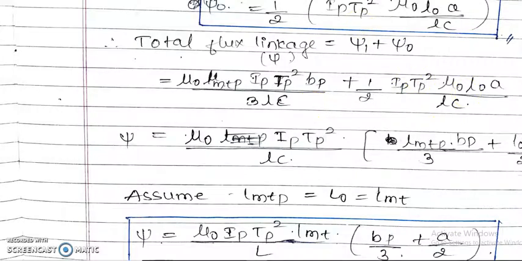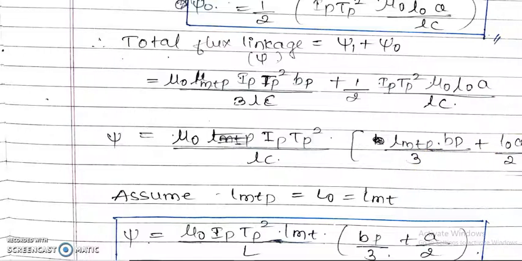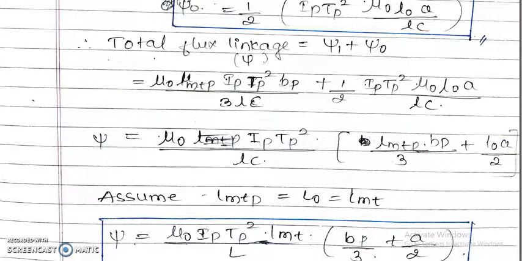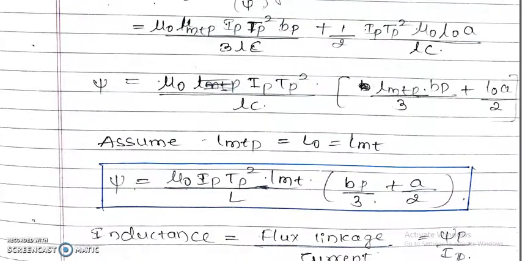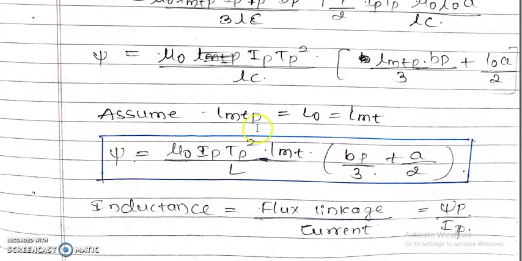No need to divide here, already you have divided. So for the total, just add these two equations and substitute here in place of LMTP equal to LMT only. The length of primary winding, length of secondary winding, and length of duct are all the same. So just substitute all the values and calculate.